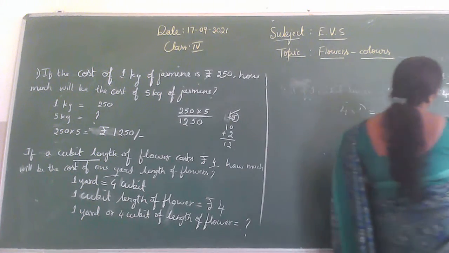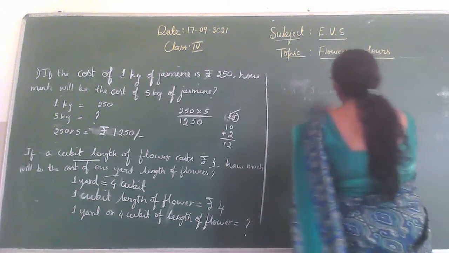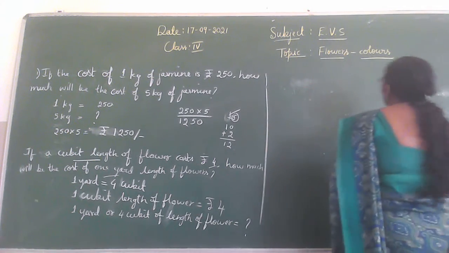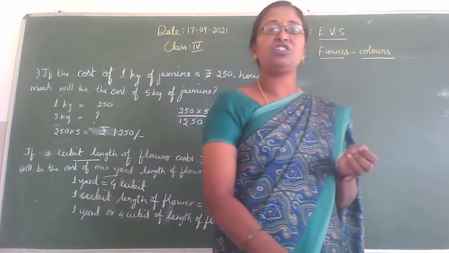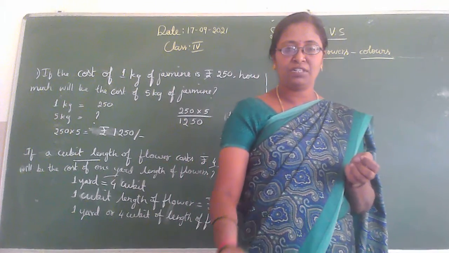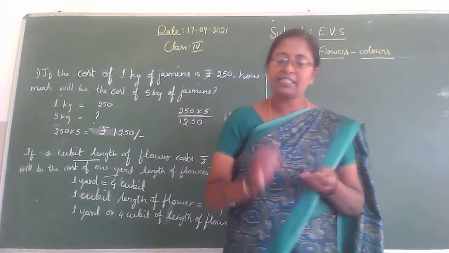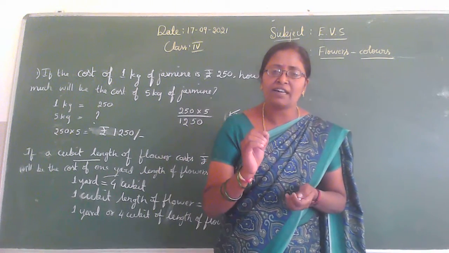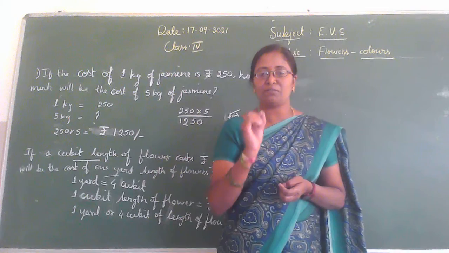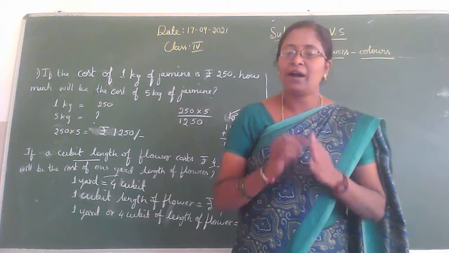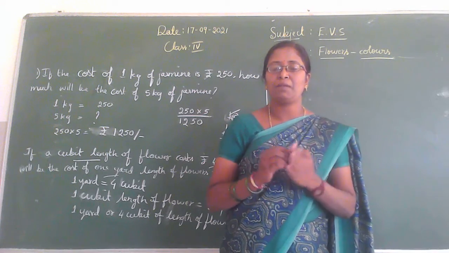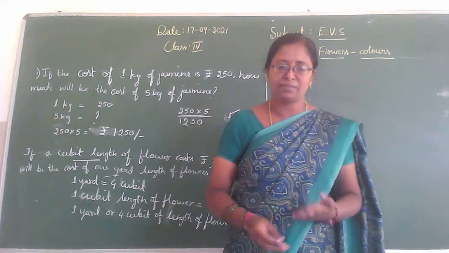So do you know, children, which is the largest flower in the world? Have you heard the name Rafflesia? It is the largest flower in the world. But its seed is as small as a poppy seed. The flower of this plant has a very bad smell.